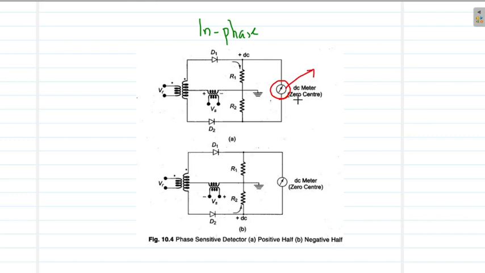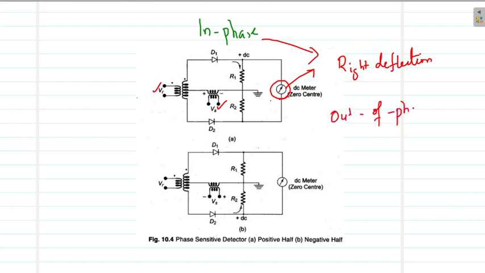This galvanometer will indicate a right deflection if the signals VR and VS are in phase. If they are out of phase, this galvanometer will indicate a left deflection.